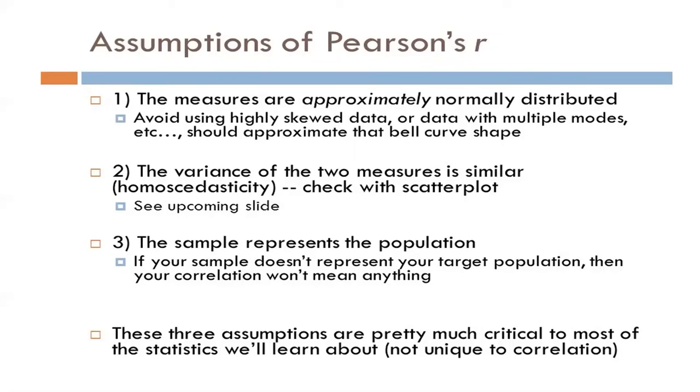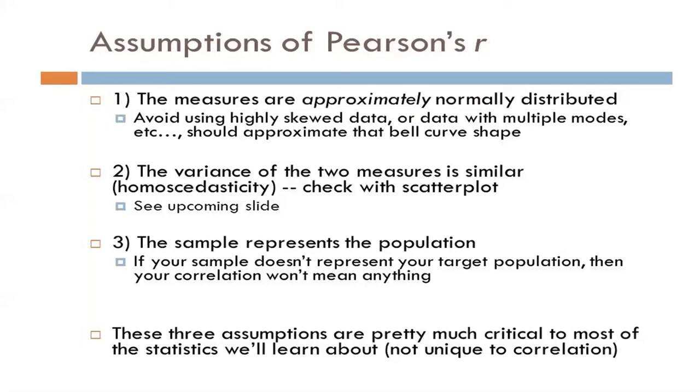The sample should represent the population, then only the correlation between the variables will exist. If your sample doesn't represent your target population, then your correlation won't mean anything. Statistics is all about your sample representing your population.